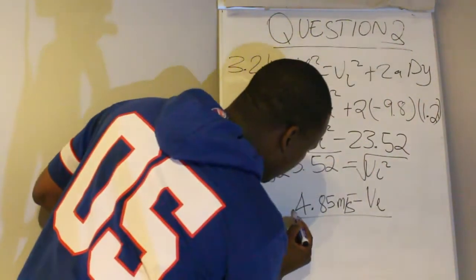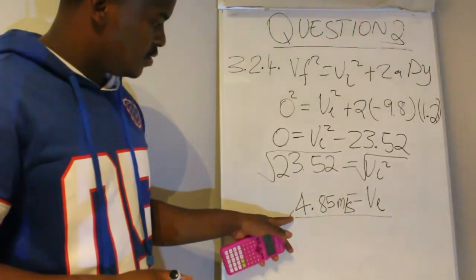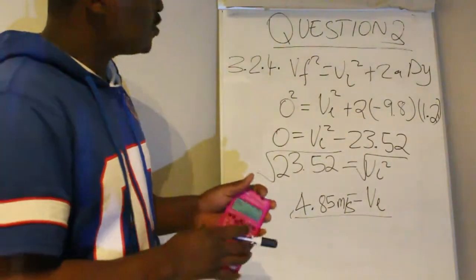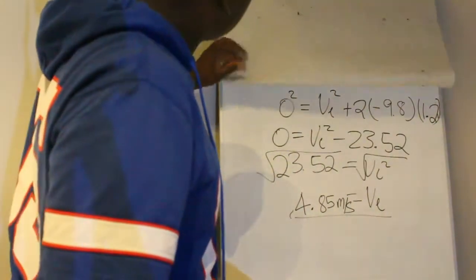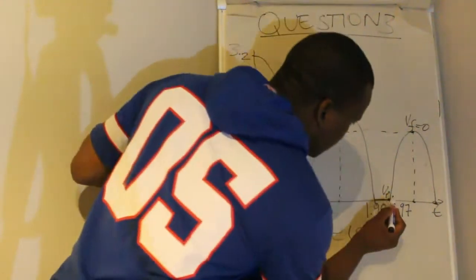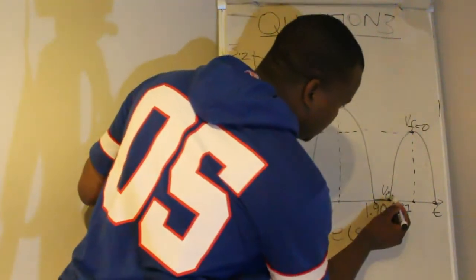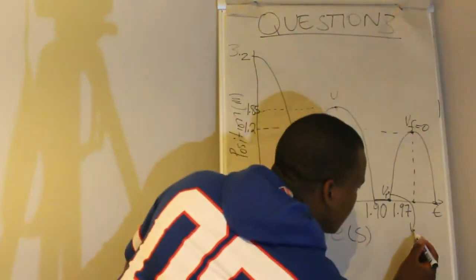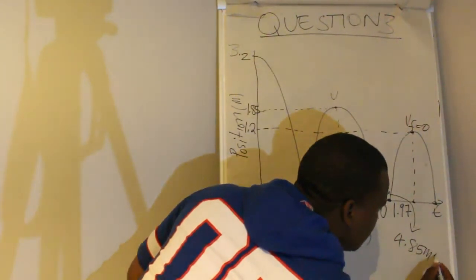So now you have the initial velocity. You have this velocity here, this one, to be 4.85. So this V here is 4.85 meters per second.